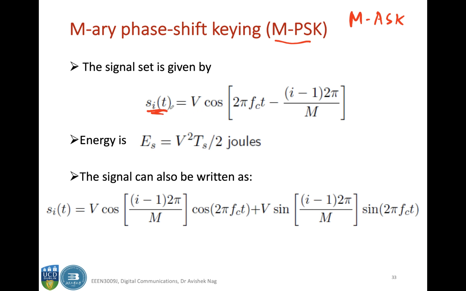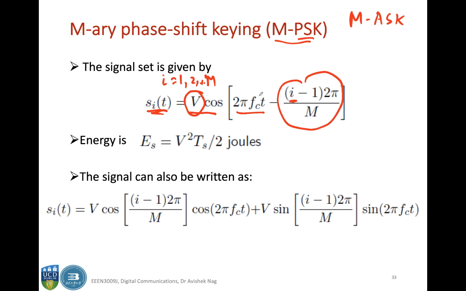S_i(t), where i can be from 1 to M. So the general ith signal looks like this. The amplitude is constant here, because we are now interested only in the phase, because we are doing PSK. Inside this cosine wave we have the carrier frequency and then a phase which is a function of i.